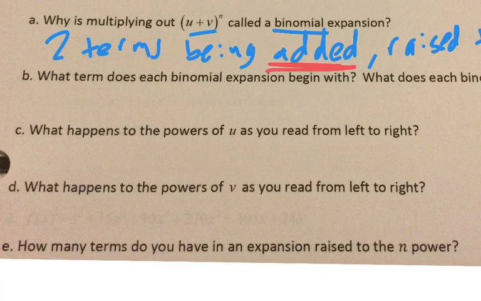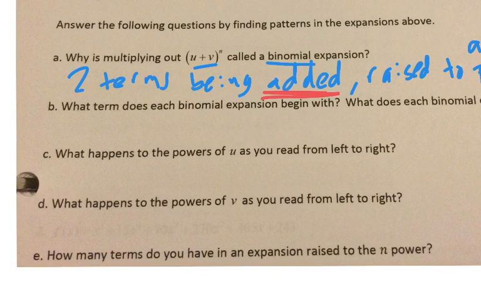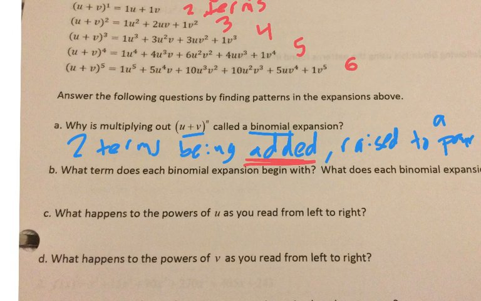B, what term does each binomial expansion begin with? So if you look at each one of these, what do they begin with? 1u to the first, 1u to the second, 1u to the third, to the fourth, to the fifth. So each expansion begins with 1 times u raised to whatever power we're being raised to.